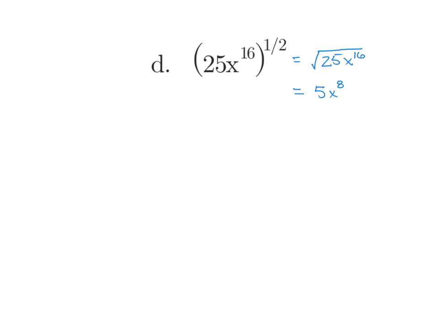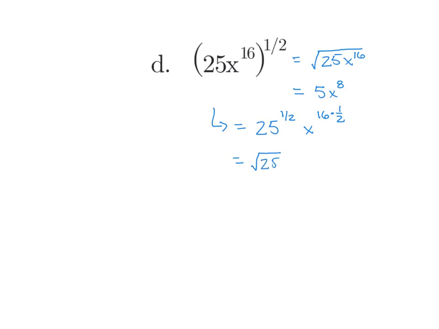Now, another way that you can do this is I can distribute my exponent. So we get 25 to the 1/2, x to the 16 times 1/2. 25 to the 1/2, that's the square root of 25.